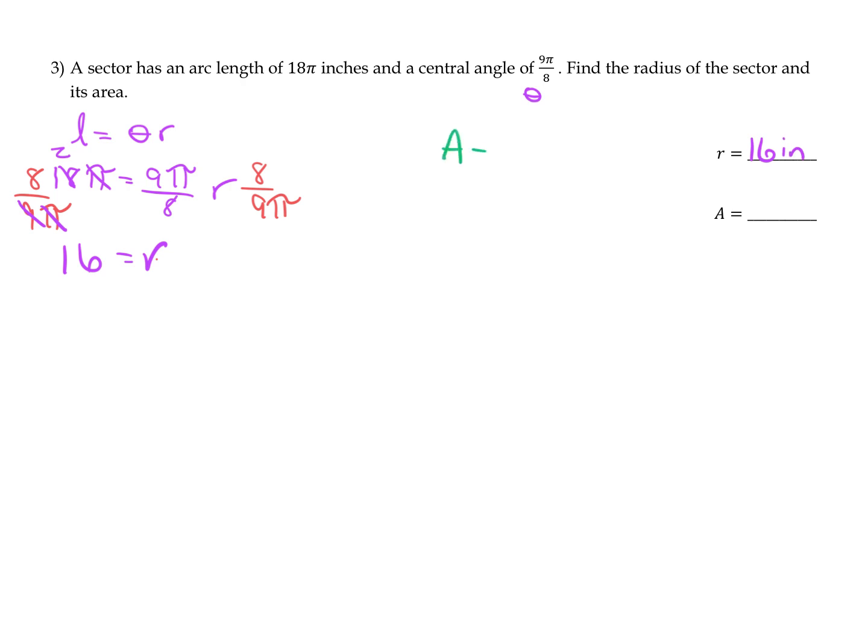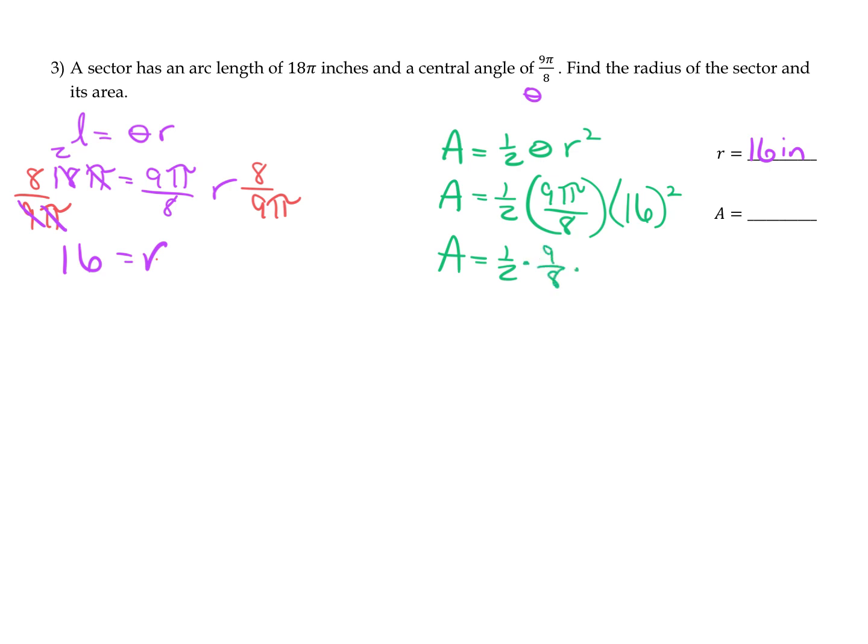Now I'm going to use 1/2 theta r squared to find the area of the sector. So the area is equal to 1/2, theta is 9 pi over 8, and the radius is 16 squared. Okay, so now I'll put all my numbers together: 1/2 times 9/8 times 256 over 1 pi.